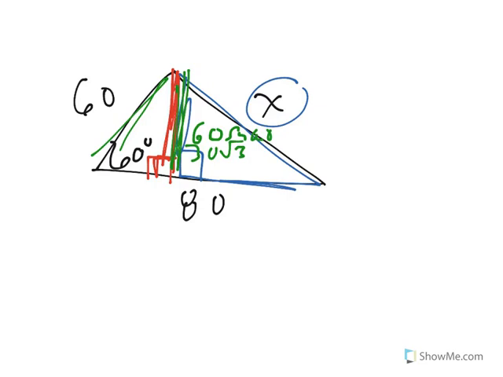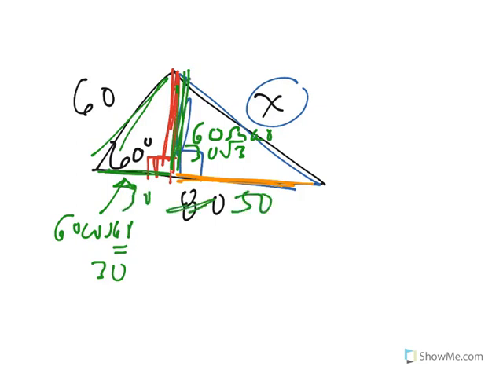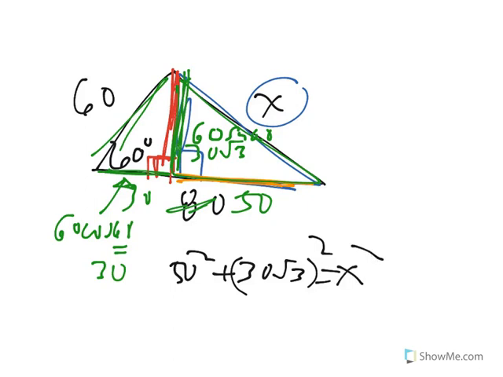And this side on the bottom here, it's not 80, it's 80 minus whatever this thing is. And that thing is 60 cosine 60, which is equal to 30. So 80 minus 30 is 50. And then we would use this triangle to say 50 squared plus 30 radical 3 squared equals x squared. And x would be less than 100, as predicted, it would be about 72.